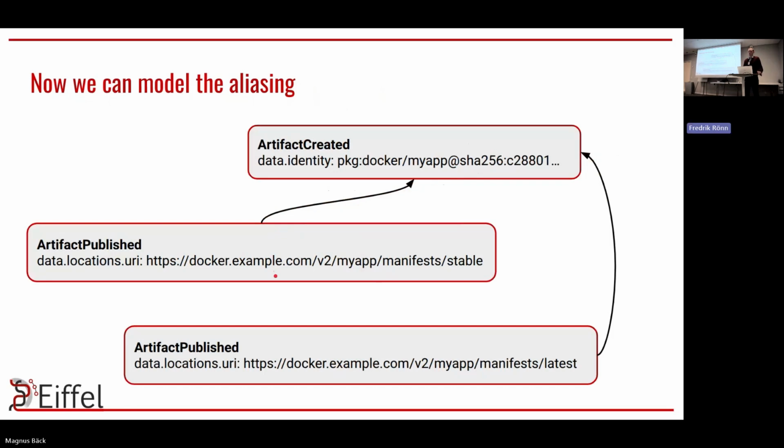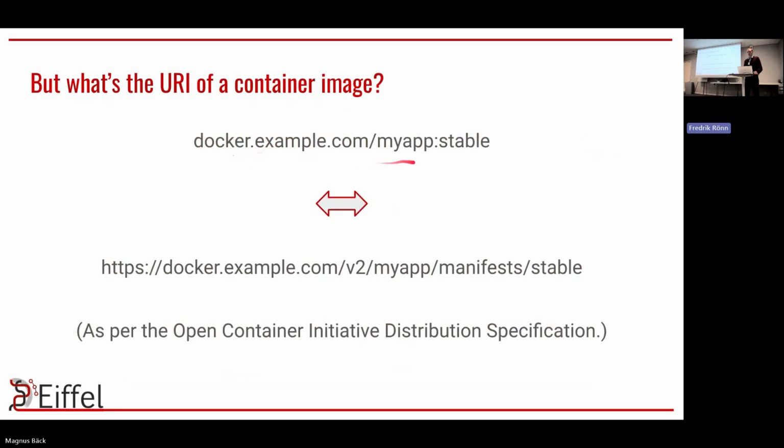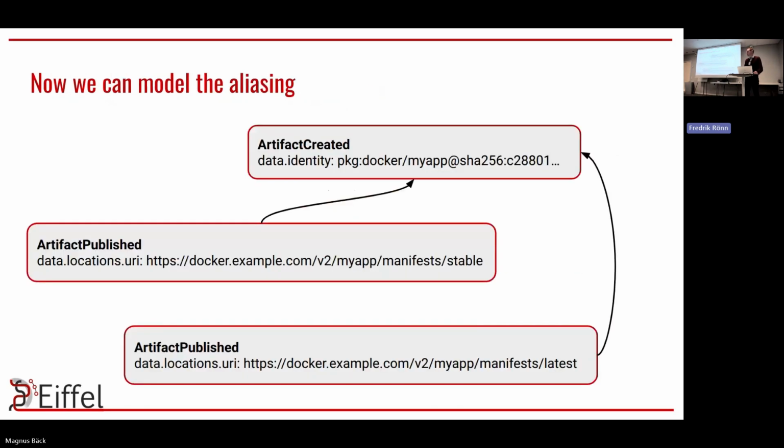It's not like anyone is ever going to download this exact URI, but consumers of the event that understand this form of URI could turn it into this here, that could be fed to a Docker pull operation or a pod specification for Kubernetes or something else. And in this way, we can express that there are multiple names of the image artifact.